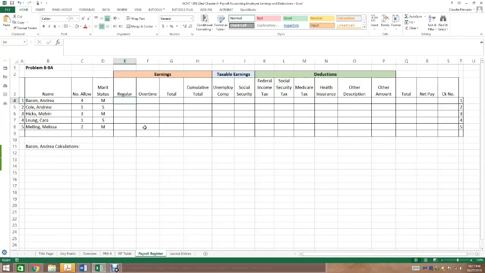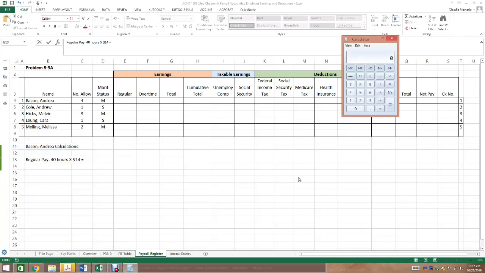Okay, so now to calculate the regular pay, I'm going to put my notes down here so you can see what I'm doing. Regular pay. To calculate my regular pay, I know that it's going to be 40 hours. That's what the problem says. And this person gets paid $14 an hour. So I'm going to get my calculator out.